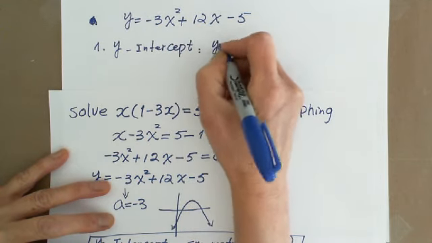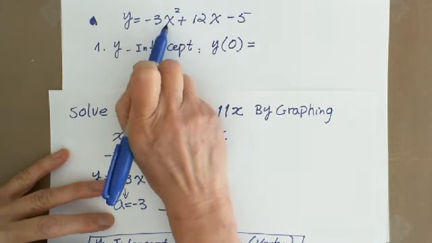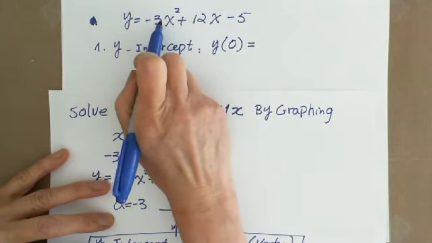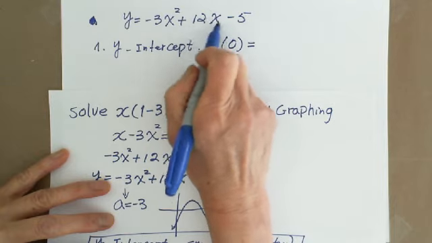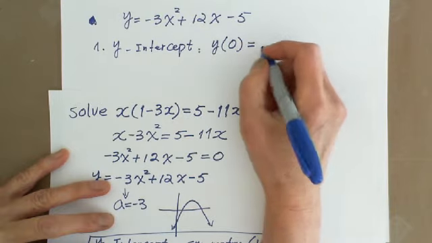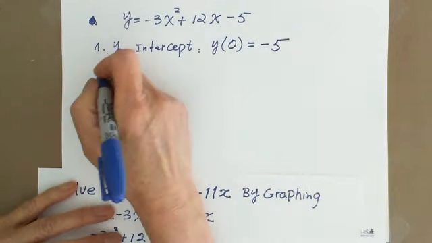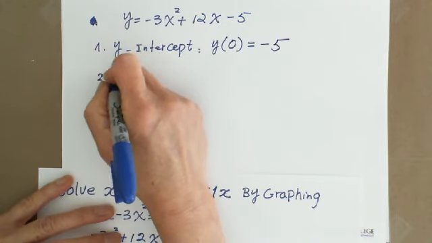Y-intercept means x value equals 0. When x equals 0, x squared times negative 3 is 0, and 12 times x is 0, all 0. So you only get the negative 5.